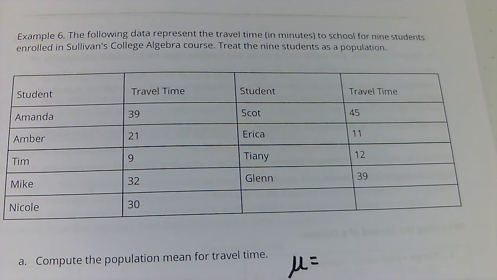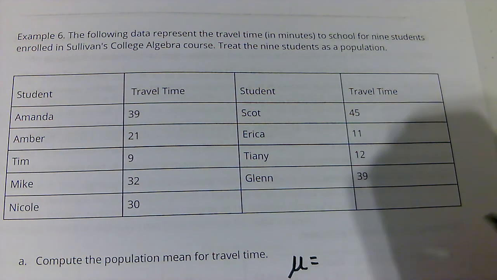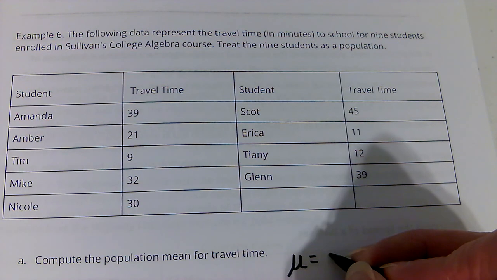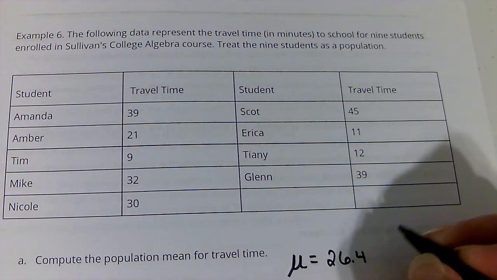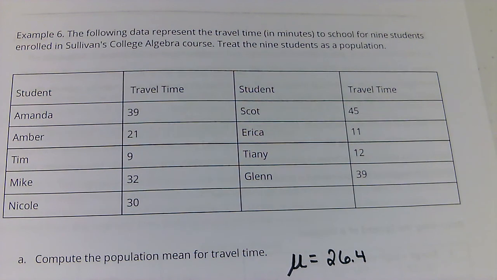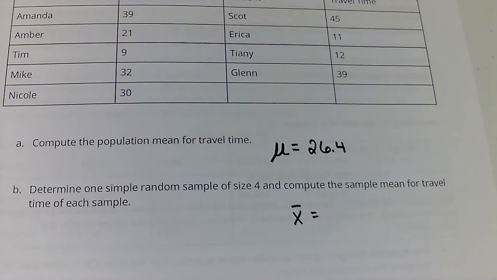Hopefully you paused and you added these up and divided by 9. And I got... now for your simple random sample, it doesn't matter which ones you picked. I'm going to let you have that.